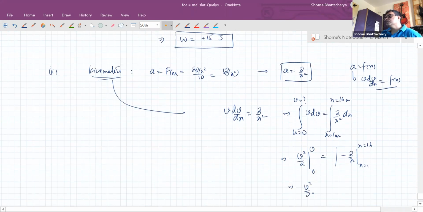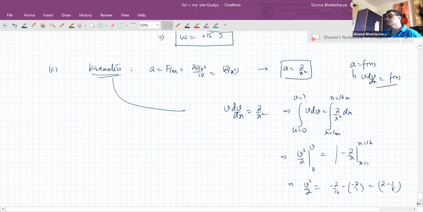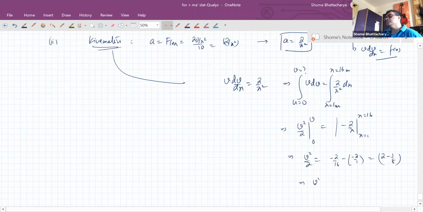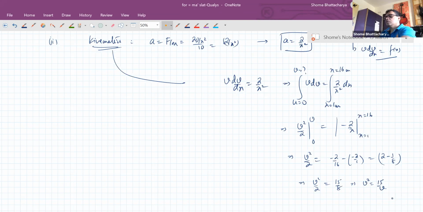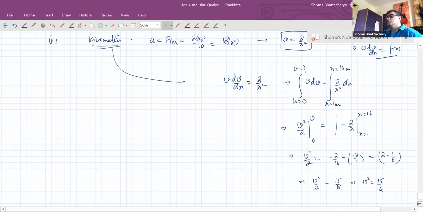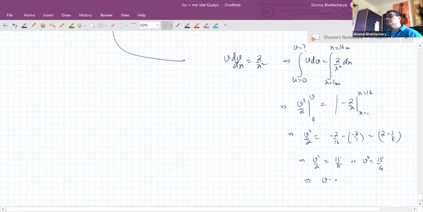So v square by 2 is equal to minus 2 by 16 minus minus 2 by 1, that is 2 minus 1 by 8. So we get v square by 2 is equal to 15 by 8, or v square is equal to 15 by 4.